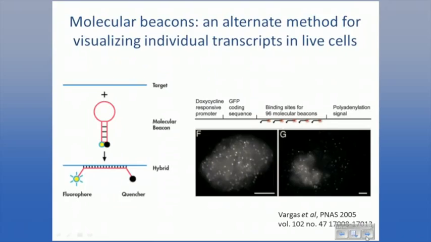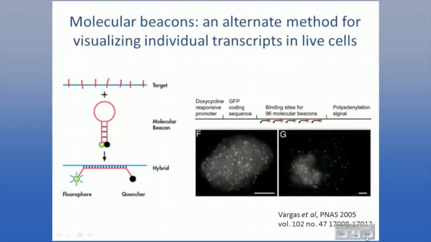So an alternative approach is something called molecular beacons, and the way molecular beacons work is essentially with a quenching kind of approach. For technical reasons, you basically have to make sure these beacons are pretty highly tuned. Again, you have a target sequence, and the target is not a random sequence, but instead is a bunch of copies of the sequence that's complementary to your beacon. The beacon itself is this little hairpin probe that is self-complementary, so it makes these little hairpins.